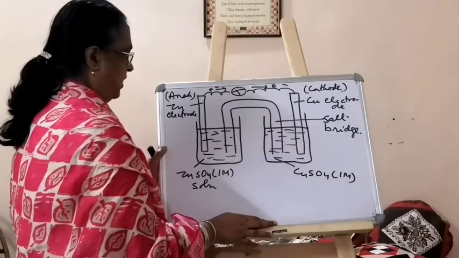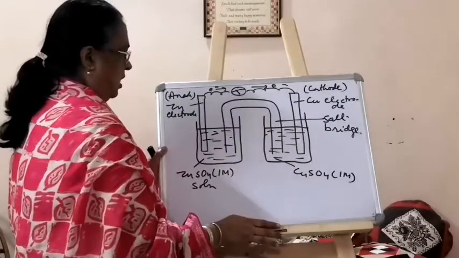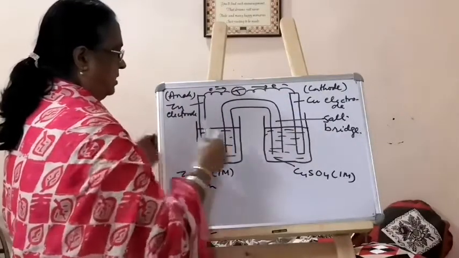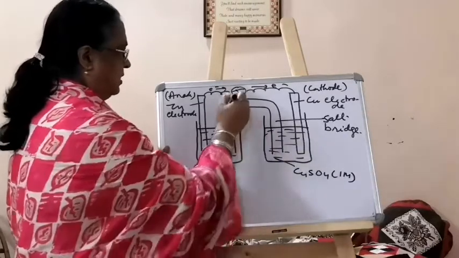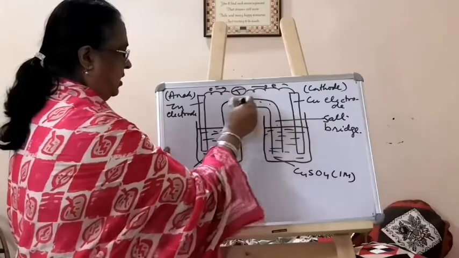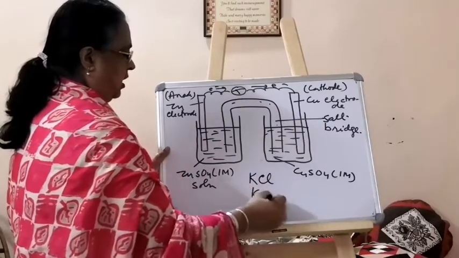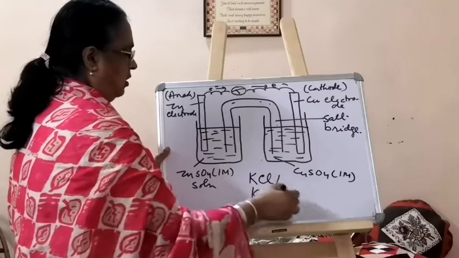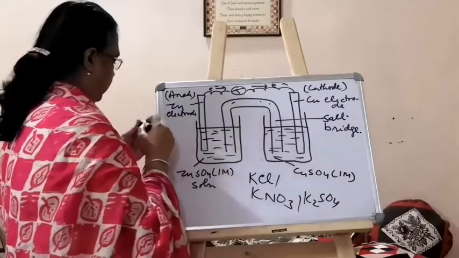So electrons are flowing from anode to cathode through the external circuit, and this is the salt bridge which is linking the two half cells. It is packed with agar gel, and in the gel we have either KCl or KNO3 or K2SO4, strong electrolytes but inert in nature.